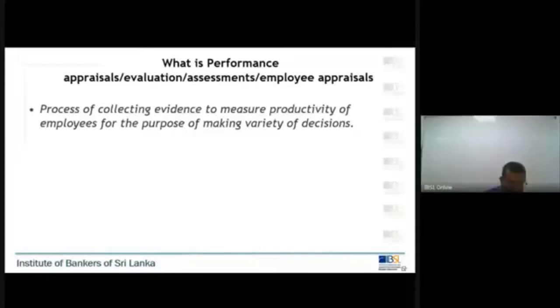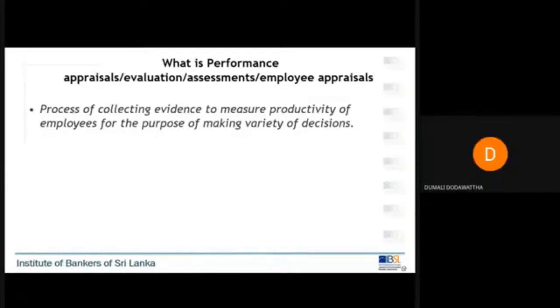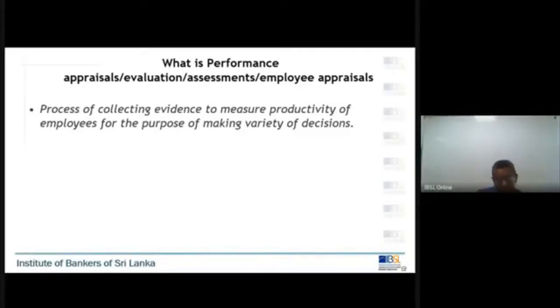Salary increments, then promotions, right? Identify some of your weaknesses, identify some of your strengths, bonus. Then you can decide what training program you need, like that. So many decisions can be taken by the management after evaluating your performances.